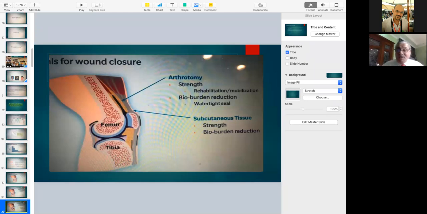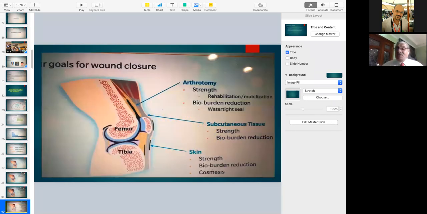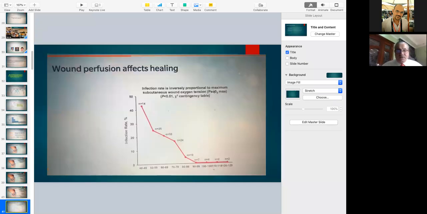For the subcutaneous layer, we also need strength and bioburden reduction. But what about the skin? We need everything in addition to cosmesis. You need it nice looking, and sometimes we do it subcuticular.